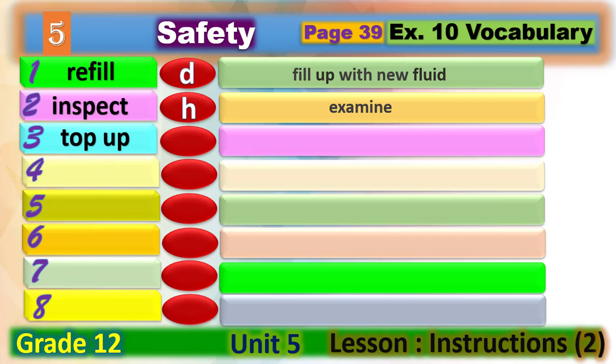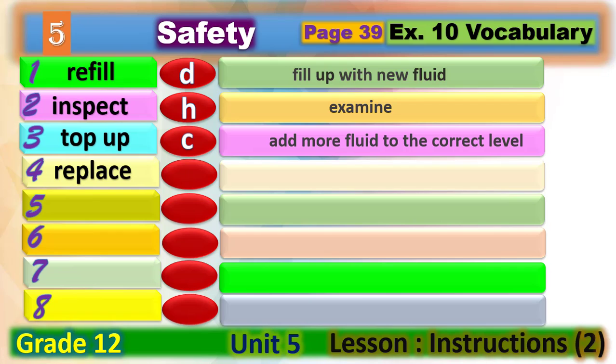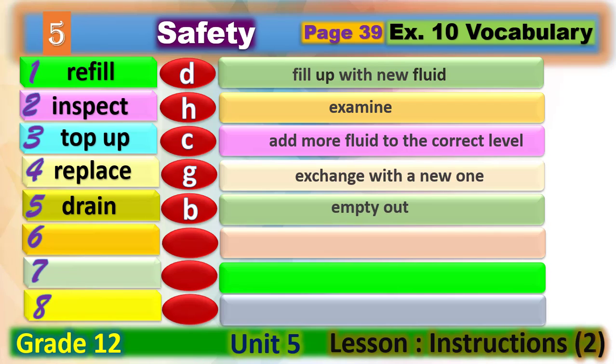Do you remember the meaning of top up? Yes. Add more fluid to the correct level. Number 4. Replace. It's G. Exchange with a new one. Number 5. Drain. The meaning is to empty out.